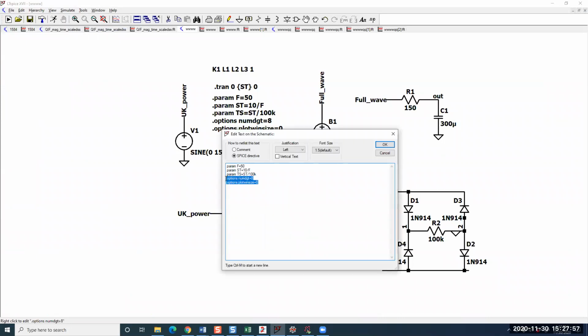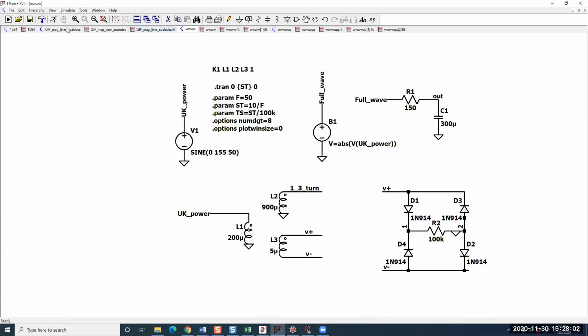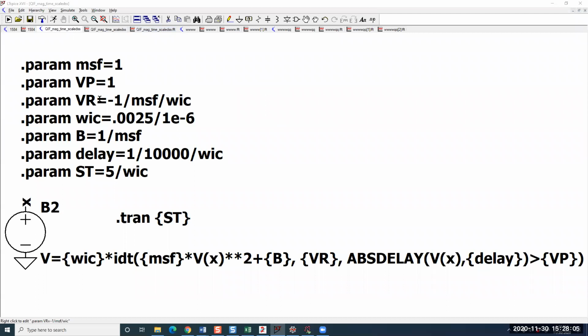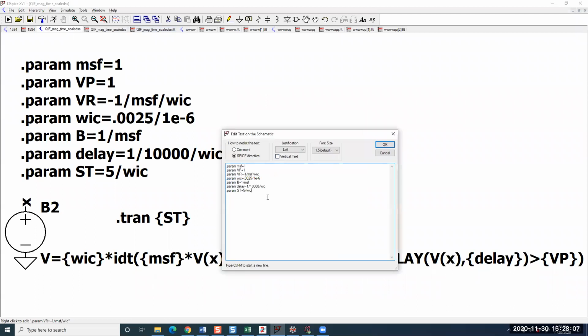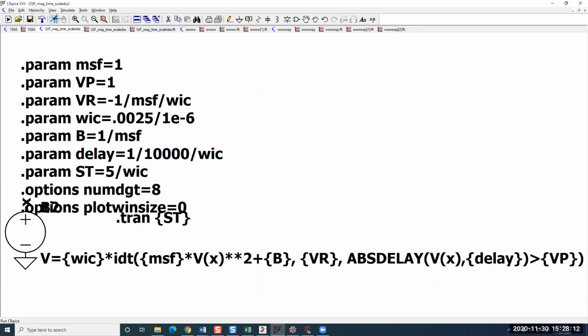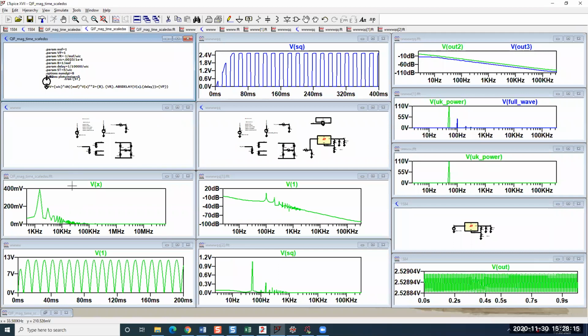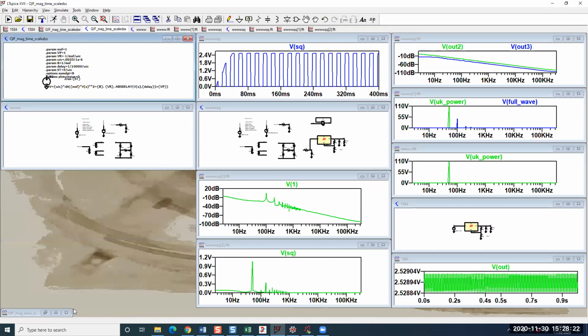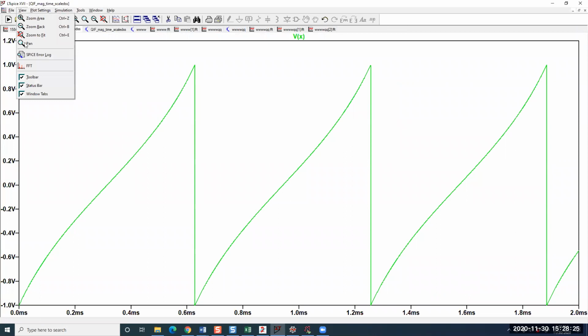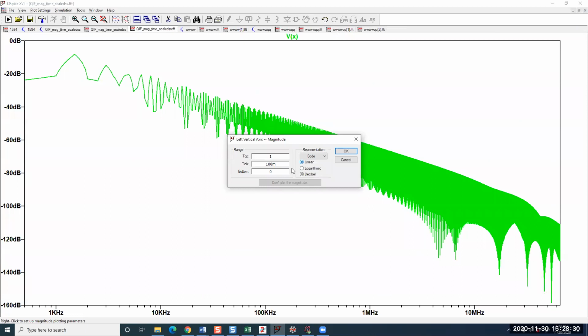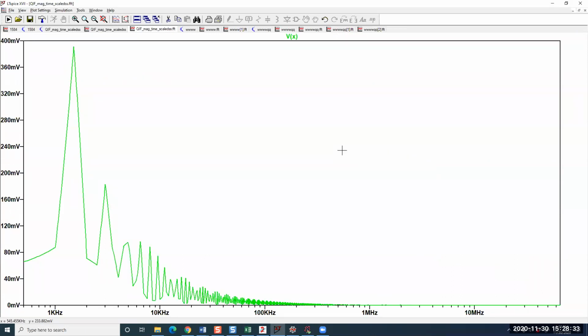We could get a little bit better resolution, but not much better.